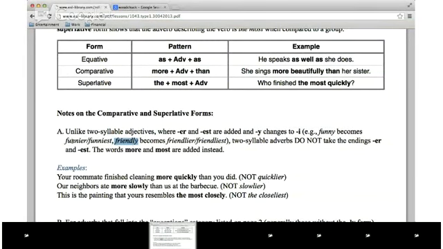Funny, same thing. But quick only has one. So in this instance we do not add an er or an est; we would say more quickly, that way we can add an ly at the end. Very good. Let's take a look at B here.